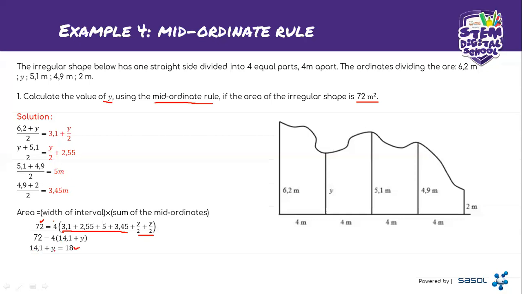Because we are in need of y, obviously we're going to transpose this 14,1 to the right hand side. Then you say 18 minus 14,1, which gives us 3,9 meter. So this is the answer for that ordinate. We've just determined the value of y.